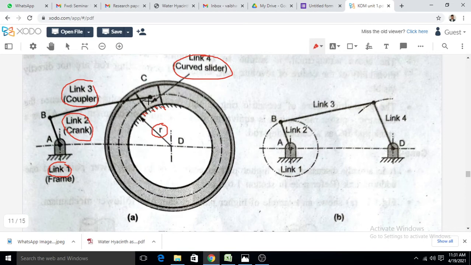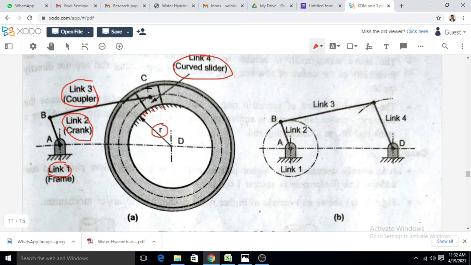This pair variable gets transformed to linear displacement, meaning the angular displacement is converted into linear displacement, and the turning pair at C is converted to a sliding pair.